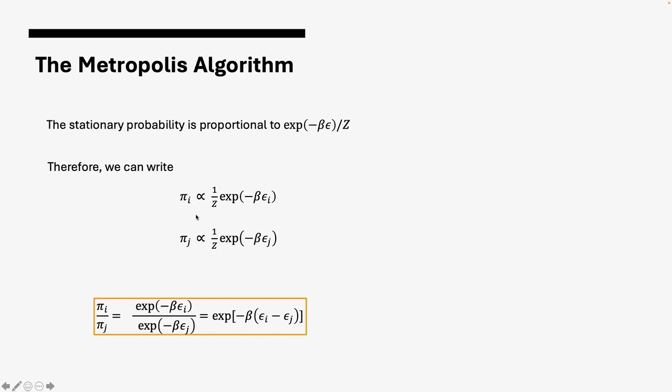Therefore, we can write pi_i is proportional to 1 over Z times exponential of minus beta times epsilon_i. pi_j is proportional to 1 over Z times exponential of minus beta times epsilon_j. Therefore, the ratio pi_i over pi_j is equal to exponential of minus beta times epsilon_i minus epsilon_j.